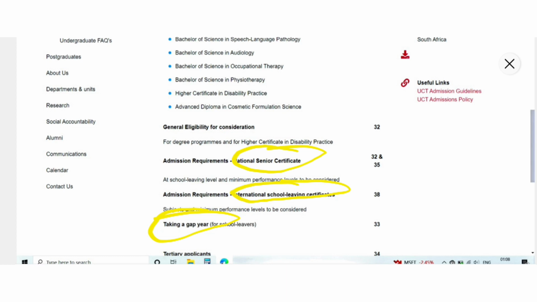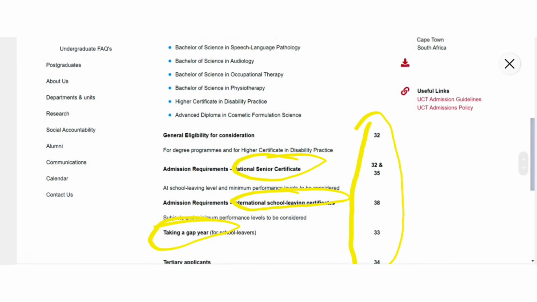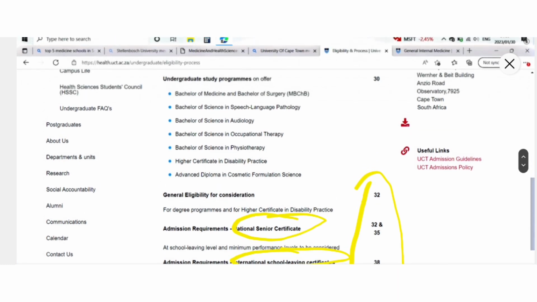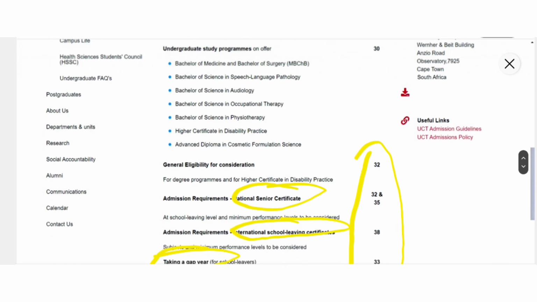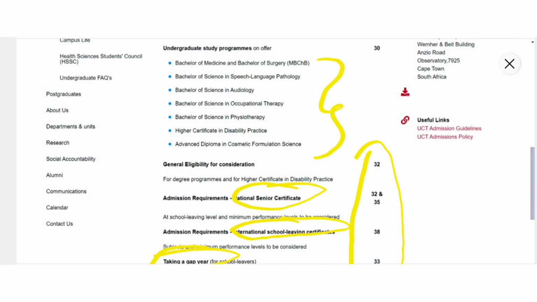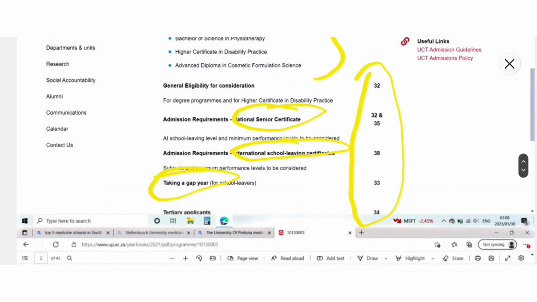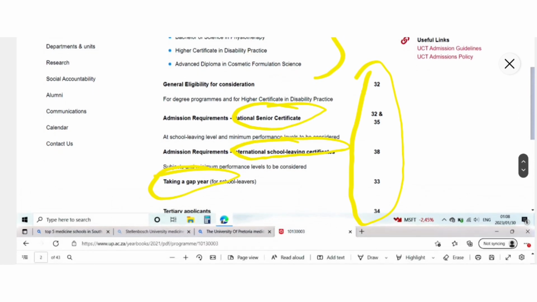And here we had the APS scores stating what is required from each student. And in this one, the APS score mattered more than anything else, and the requirements were actually applying to a good number of courses. So that will be what you consider: your APS score.